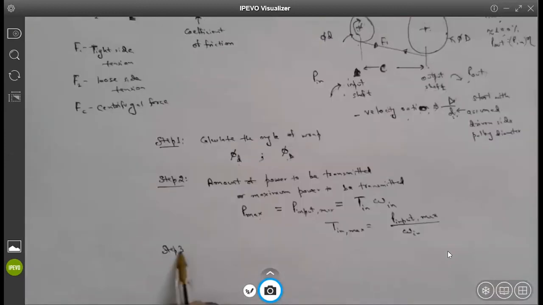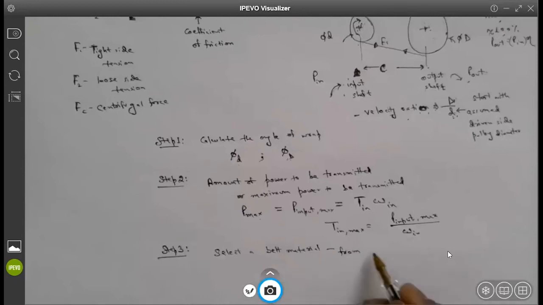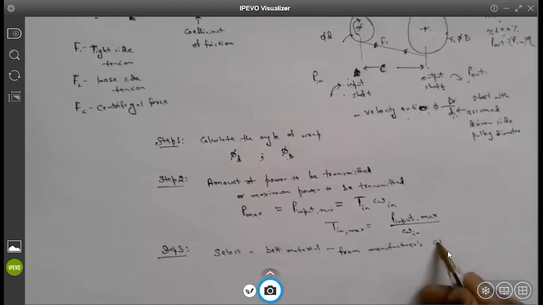Yeah. Great. Step number 3 is select a belt material from the manufacturer's catalog. Just like you have to select a material, whether it is steel, aluminum, copper, plastic, whatever material you begin with as a designer, similarly you have to select a belt material from the manufacturer's catalog.